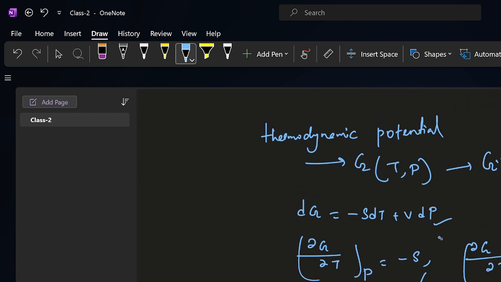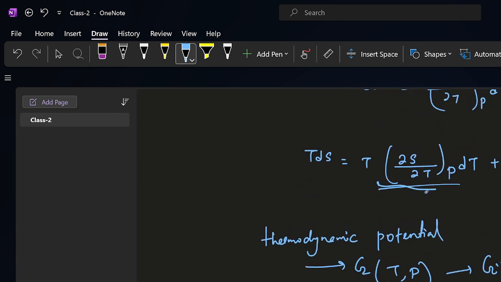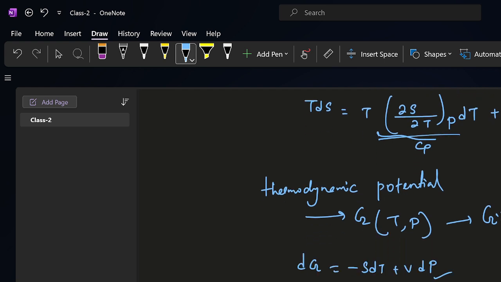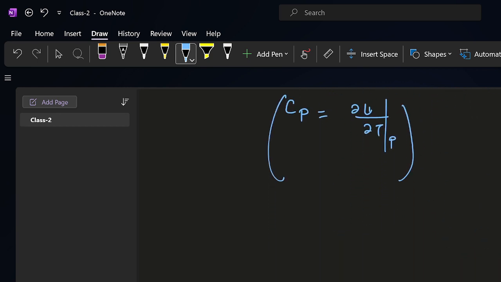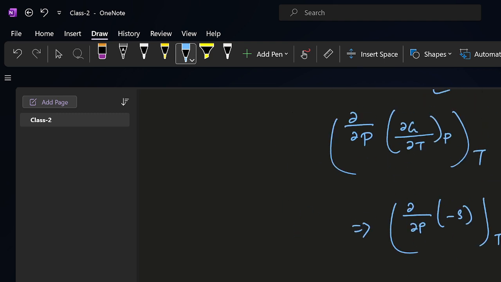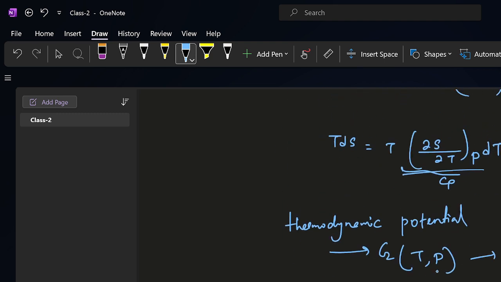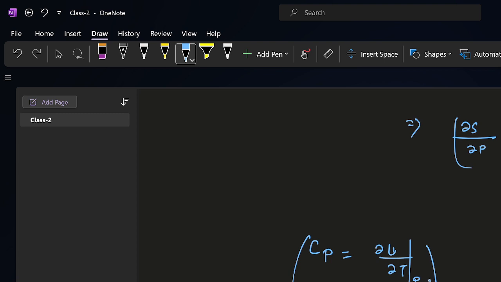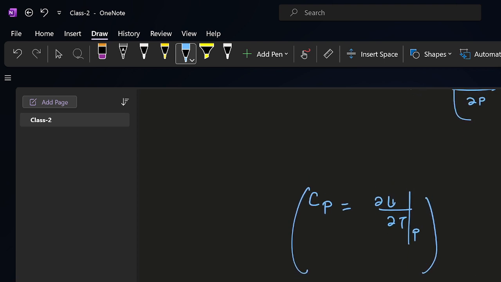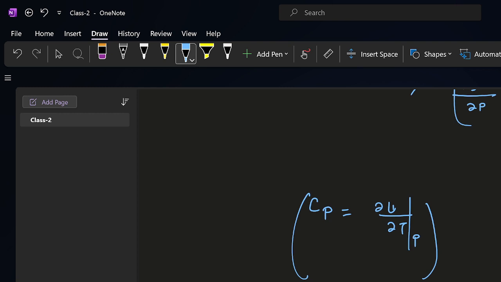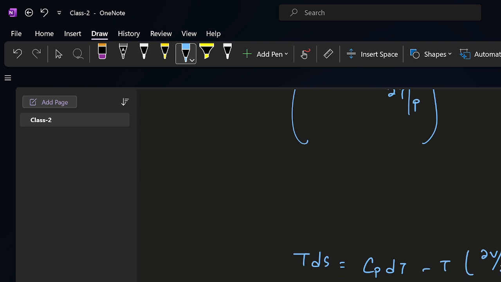So this is basically Cp, and this part you have to replace by the derivative we have got in the equation below. So you get TdS equal to Cp dT plus T times this thing you have to replace over here. So it is minus T times del V del T at P constant dP.